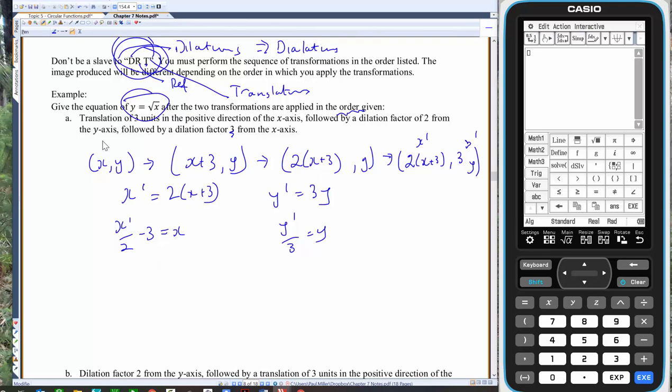So now what we're going to do is form our new function. So y, which is y dash on 3, equals, now under the root sign is x dash on 2 take 3. Now we multiply it by 3, so y equals 3 root x on 2 take 3.